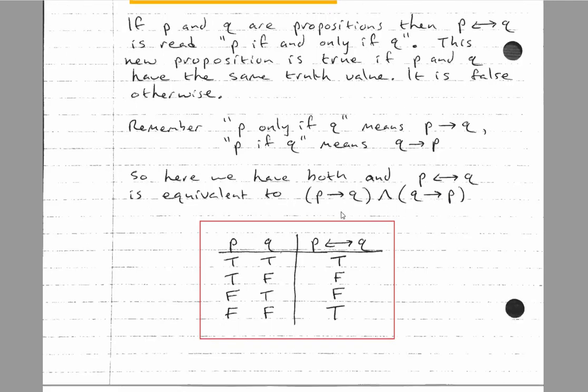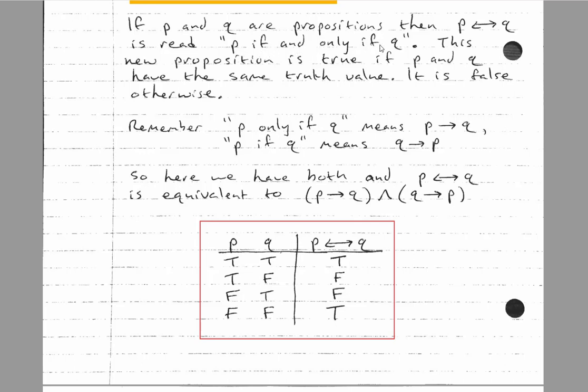So we're really nailing down that P and Q have to have the same truth value for the biconditional to be true. Okay, so TT gives a T, FF gives a T, but if P and Q have different truth values, then it's false. Okay, so we'll use this a lot.